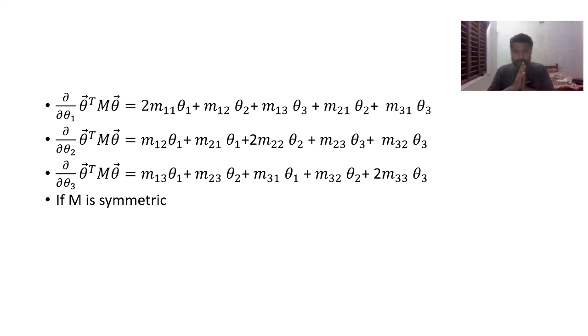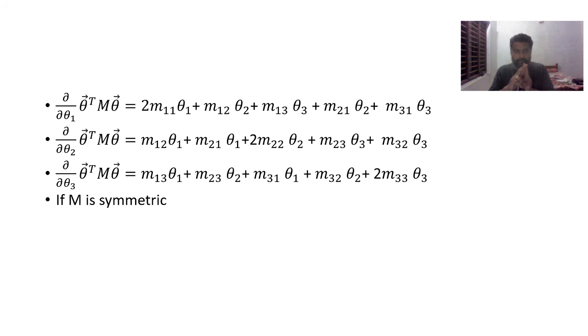What all things are there: m11, m12, m12 or m21, and m13 and m31. So just listen here, if M is symmetric, m12 is similar to m21 and m13 is similar to m31.